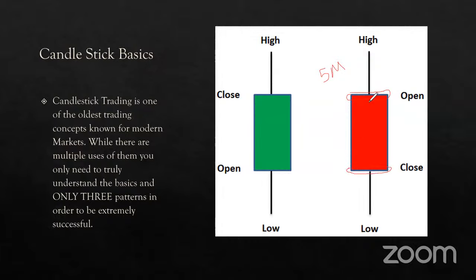The market opened here during this 5-minute period of time. It then traveled up, traveled down, traveled back up, ultimately closing here. So these are the basics of reading a candle.